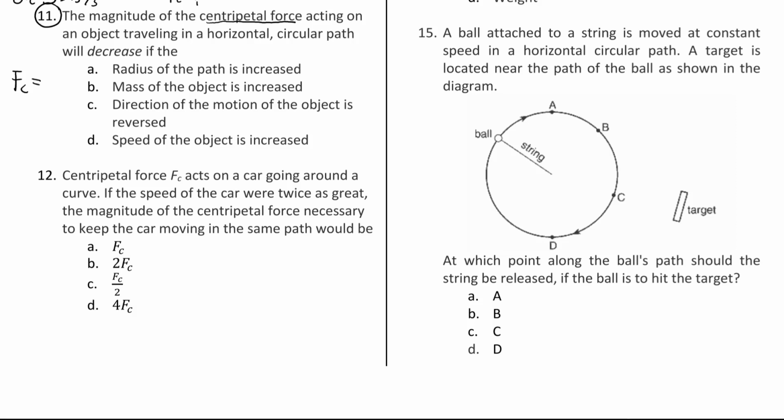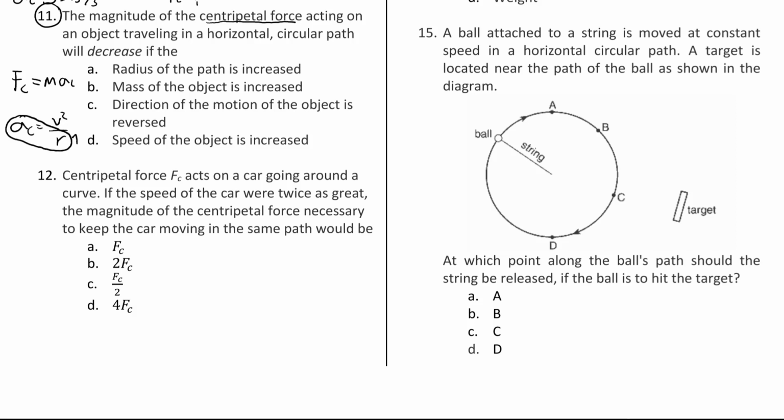So we have our two equations. F is equal to ma. But in the first case, we want a relationship between the radius and the centripetal force. So our next equation is a is equal to v squared over r. As you can see from this equation, the acceleration is inversely proportional to the radius.